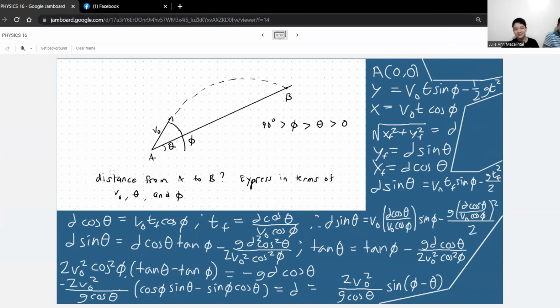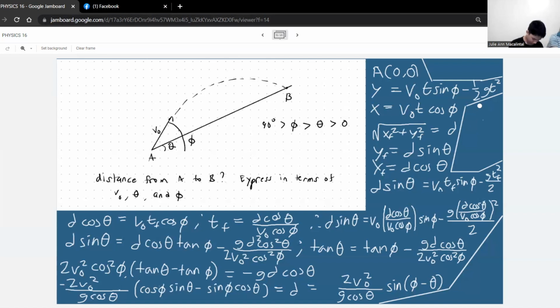So 2v naught square, tangent theta, tangent phi, cosine theta, GD cosine theta.